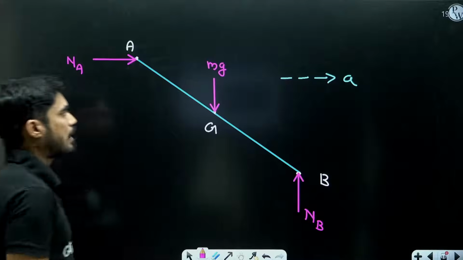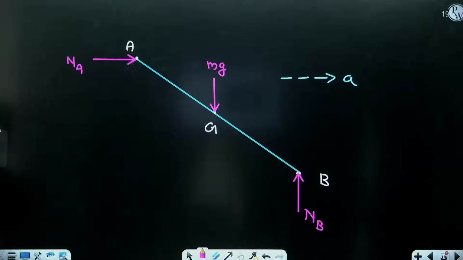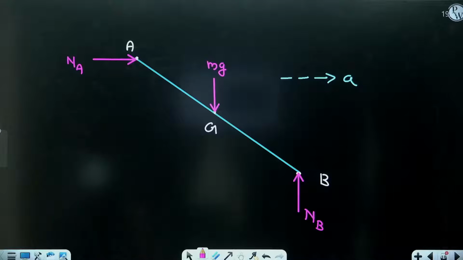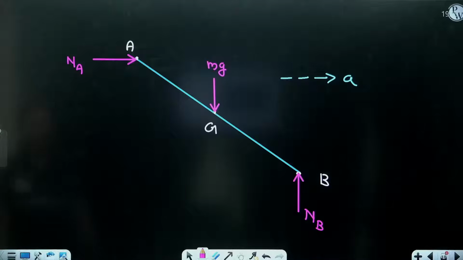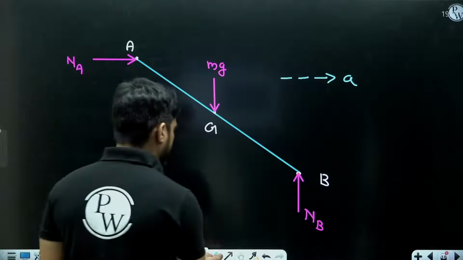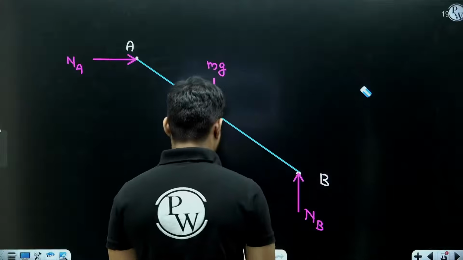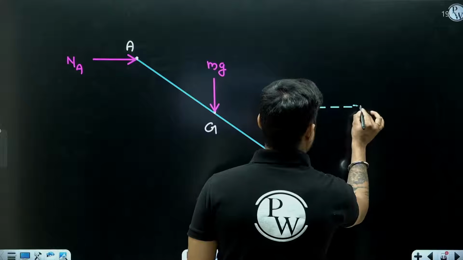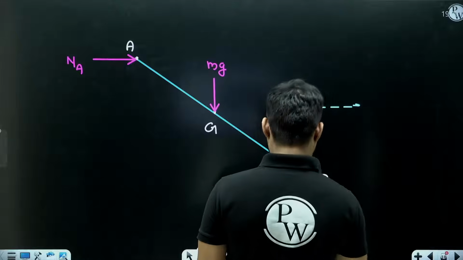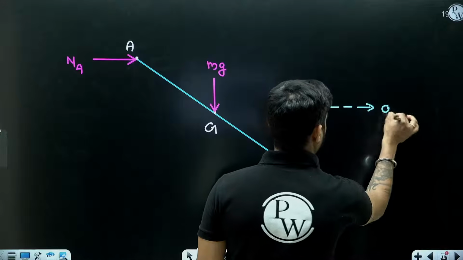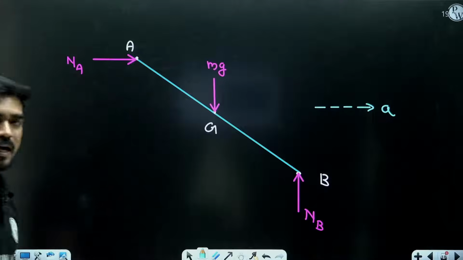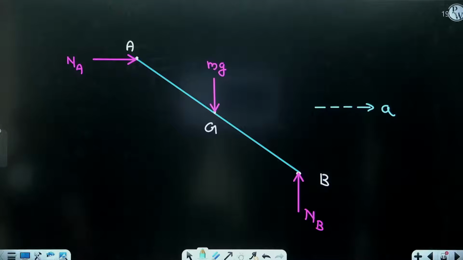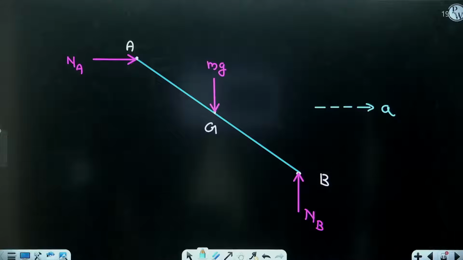Now let me tell you how you can solve this problem. NA and NB are unknowns and I don't want to find them. So I take moment at a point where NA and NB both intersect, and then I will not have to consider them.